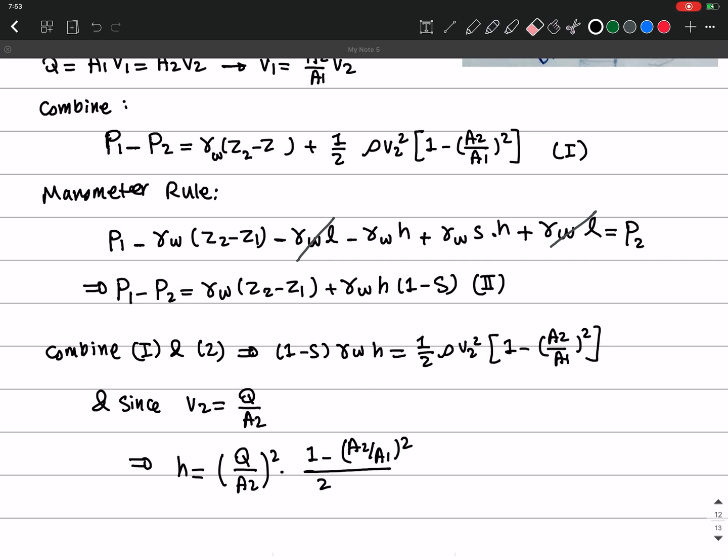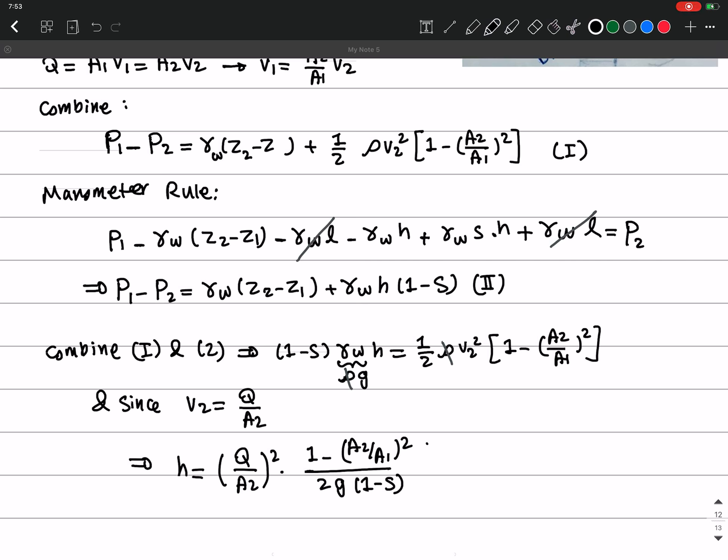Is rho water G. Or rho G, I just write it rho G because this is the same fluid. And these two are going to cancel out, so I'm only left with G here, 2 from here, and G from here, and then 1 minus S also should go here.